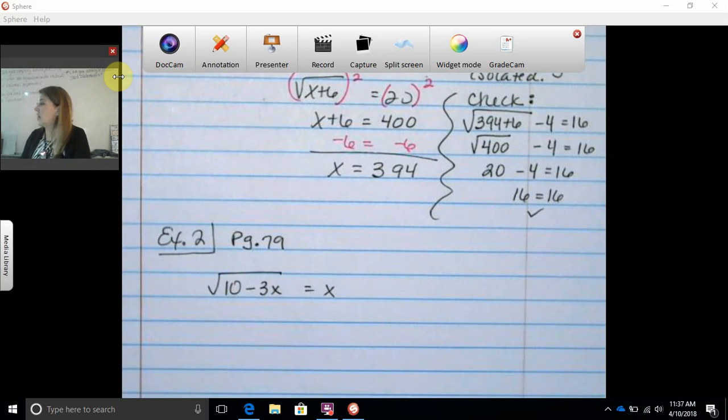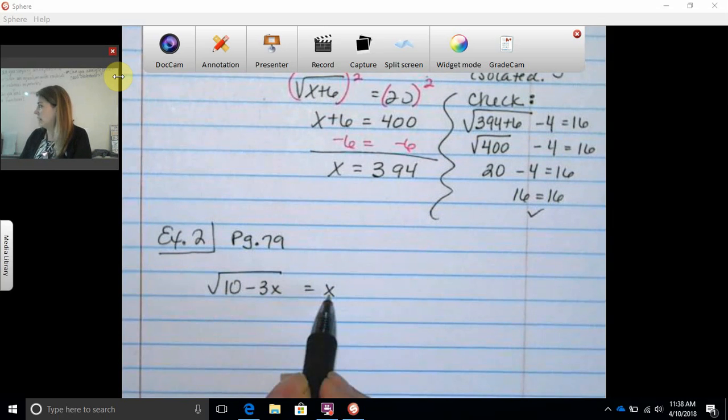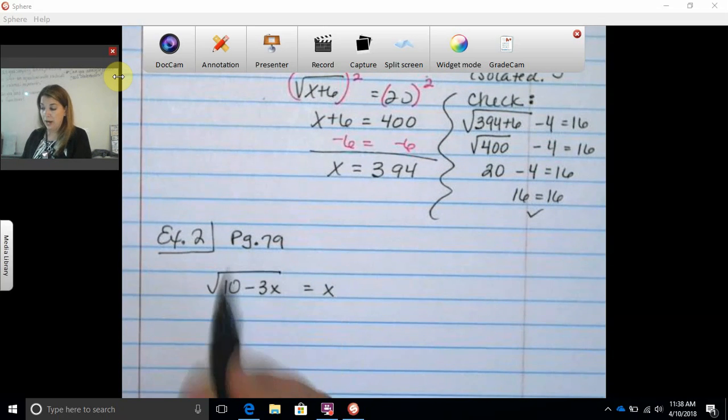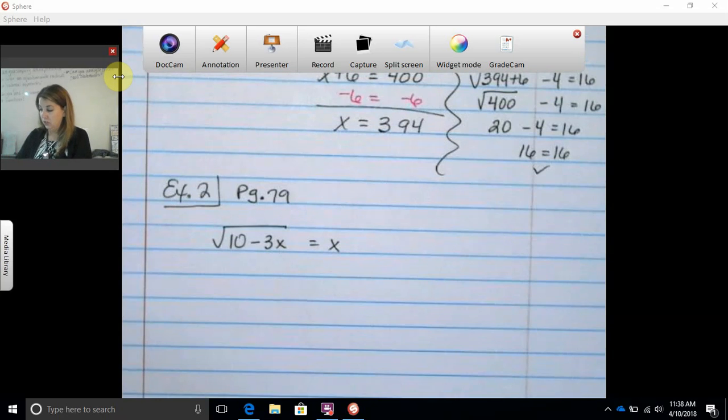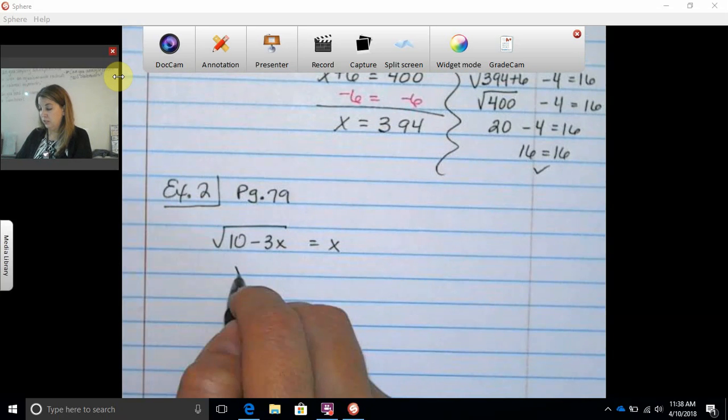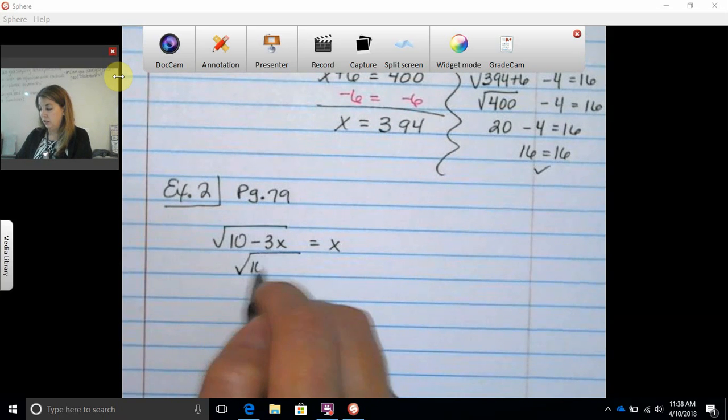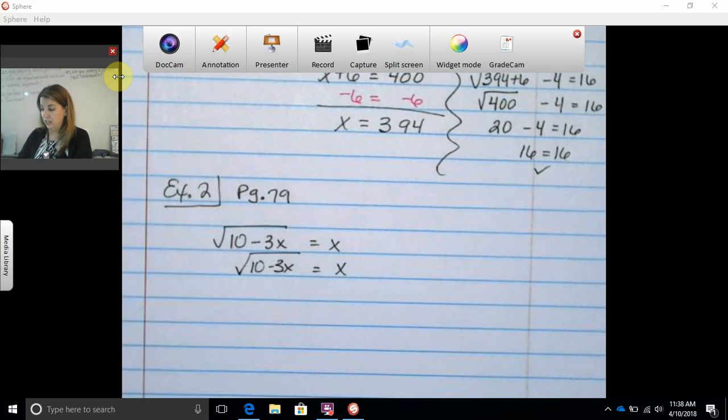The first thing you want to do is isolate the radical if not already. Do we need to isolate this one? No, it's already done. So I'm trying to solve for x. This x over here to the right, it's fine, but we got to get rid of this radical, so what am I going to do? Not square root it, square, and you're going to square both sides.